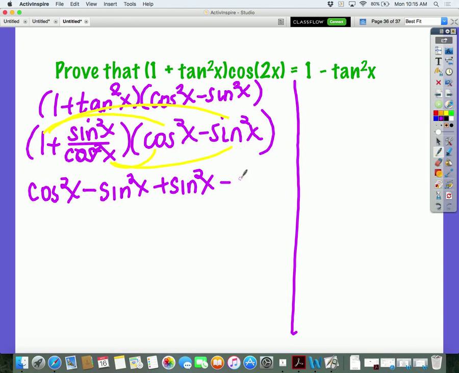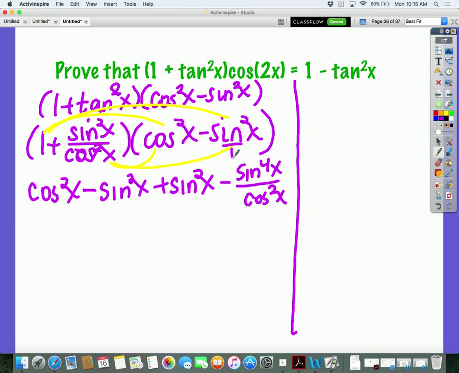Negative sine squared x times sine squared x over cosine squared x, that's sine to the fourth over cosine squared. Because they're both on top, this is the same thing as saying sine squared x over 1.